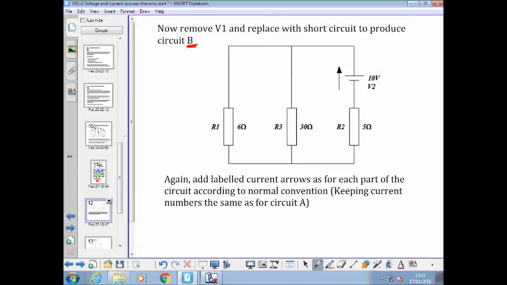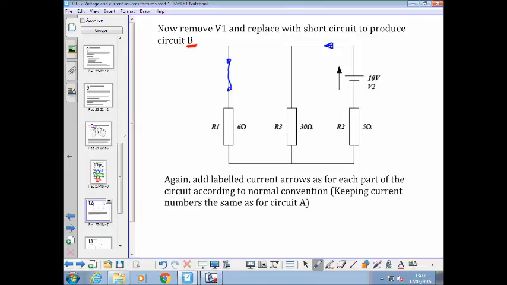I've replaced V1 now with a short. So V1's been taken out and short circuited, replaced with that ideal internal resistance. Which way would I put a current arrow up here? Through R3 and R1, yeah, that way.